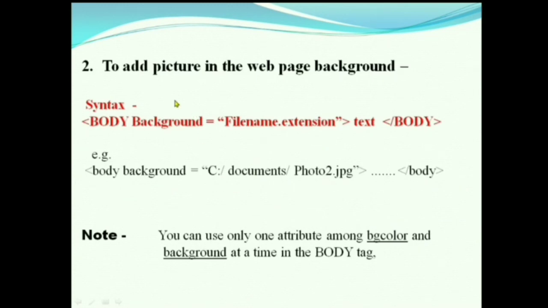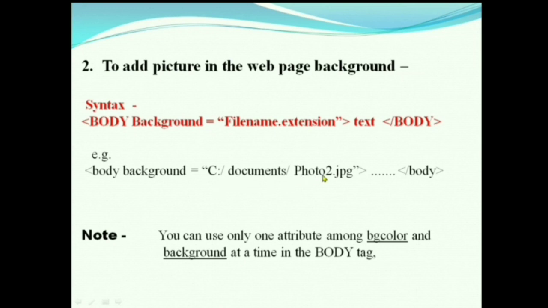Then second, to add a picture in the web page background. Suppose you don't want any background color, you want an image as a background. That time you type body space background. This background spelling you have to type here. Then here you have to type your image file name with extension.